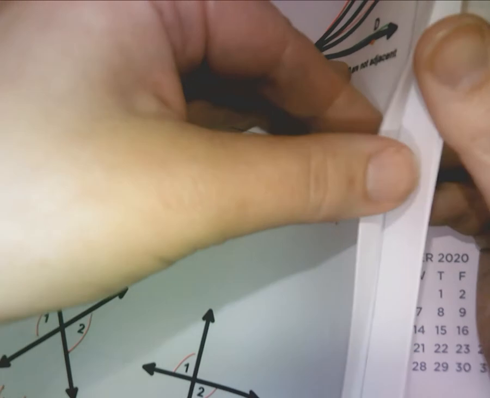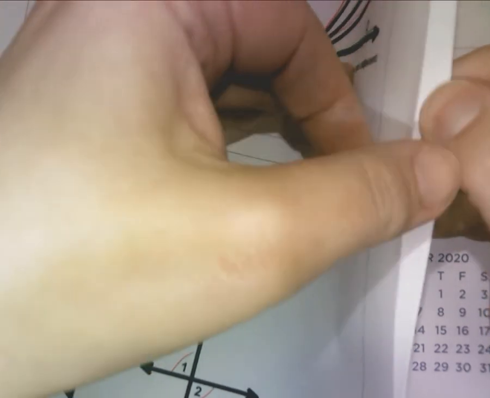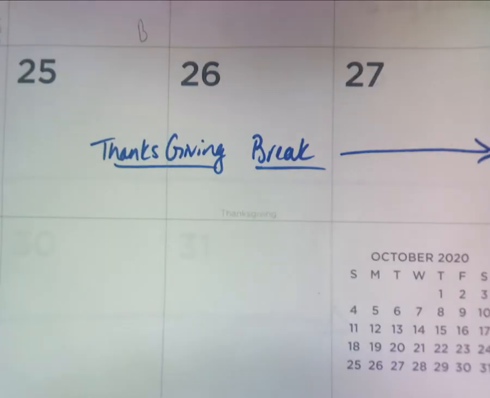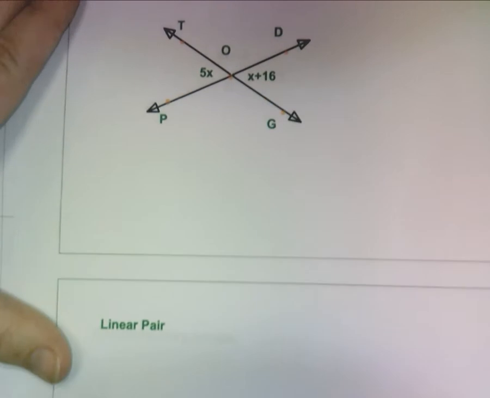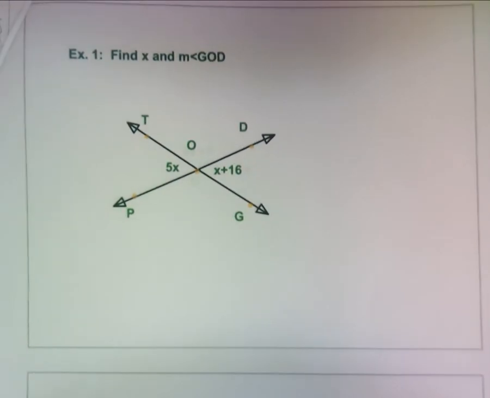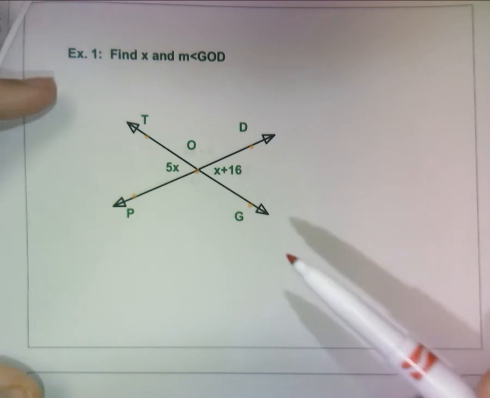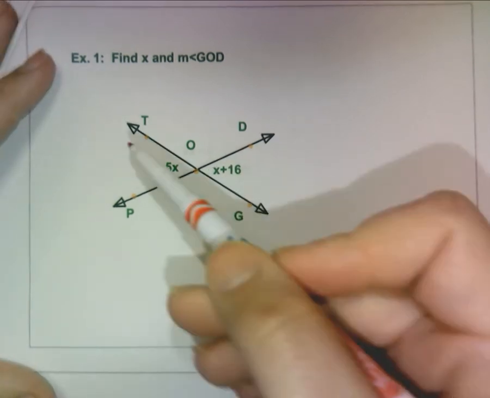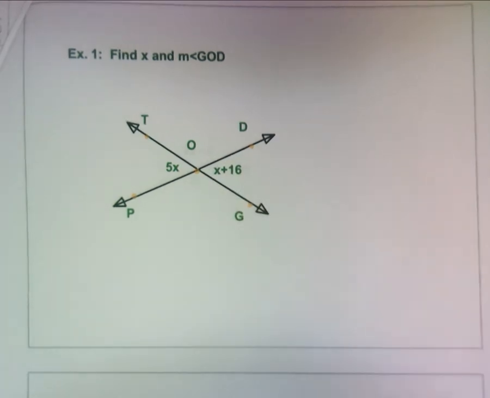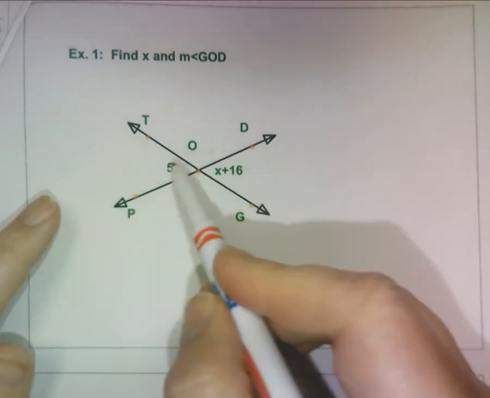All right, now let's practice that. Let's find x and the measure of angle DOG. Whether you think it's DOG or GOD, it's still the same angle. But if we look at this picture right here, and again, you need to draw these pictures, are these two vertical?